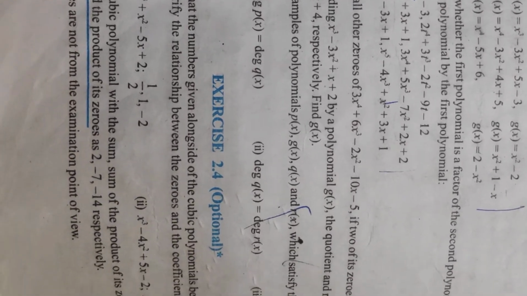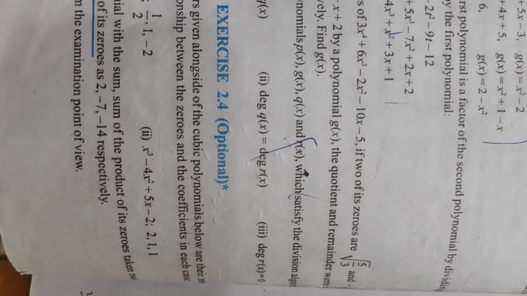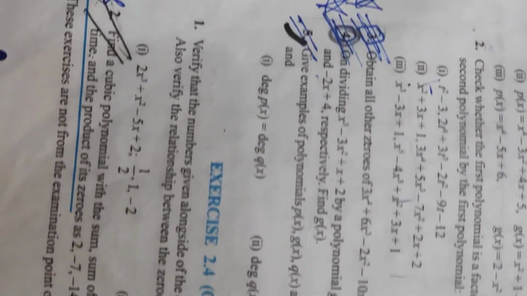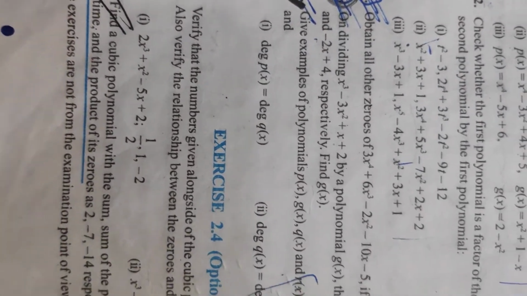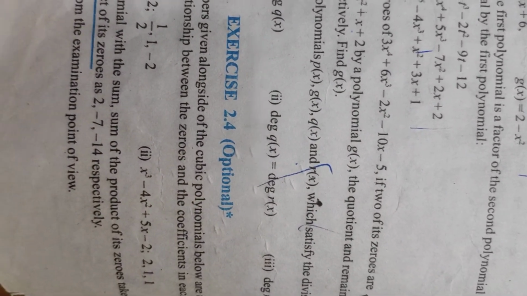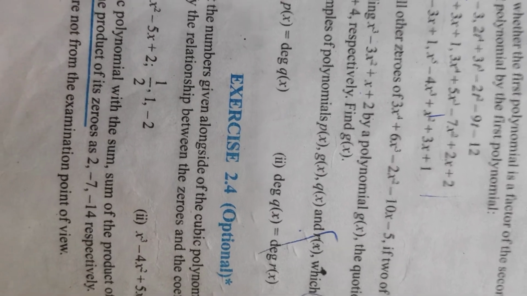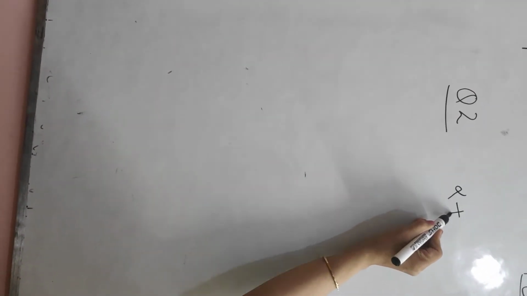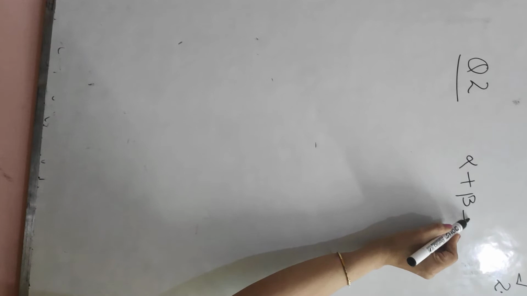Find a cubic polynomial with the sum of its zeros, sum of the product of its zeros taken 2 at a time and product of the zeros are 2, minus 7, minus 14 respectively. Now what three things are given in this question? First is sum of the zeros, that means alpha plus beta plus gamma.